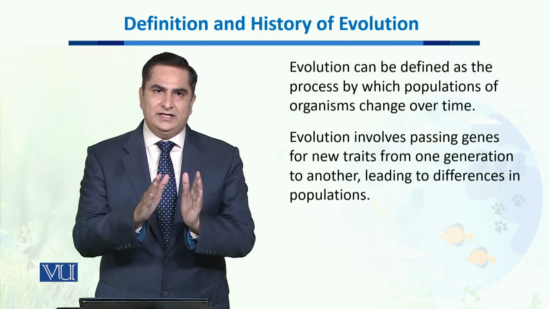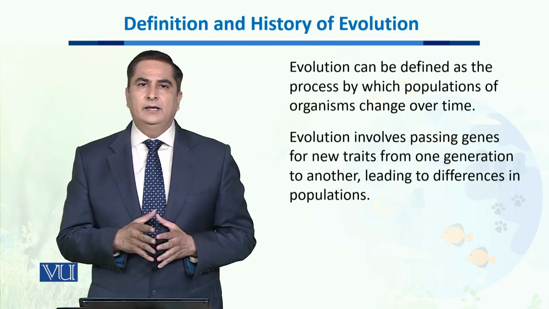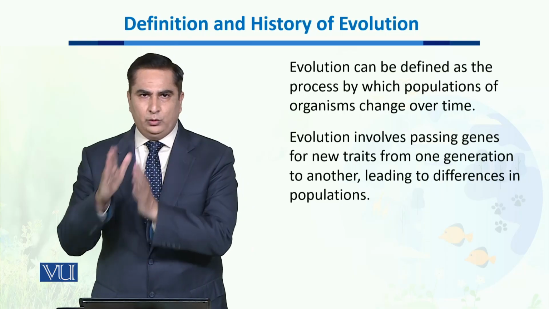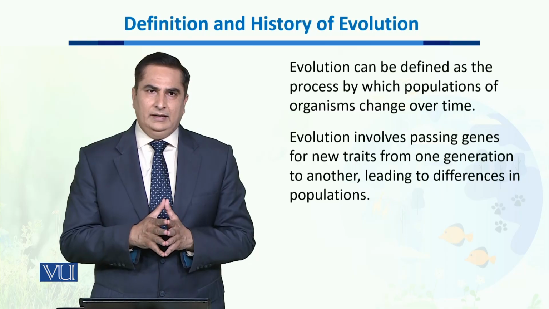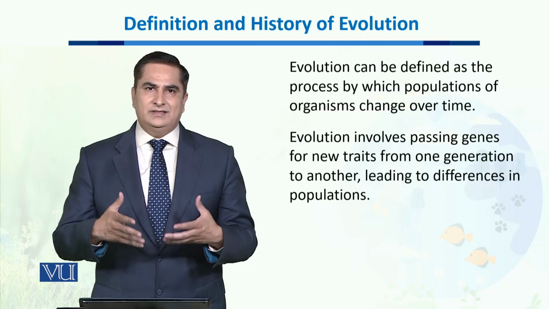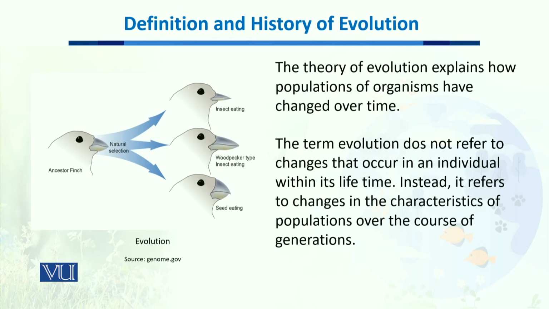By those changes, those organisms acquire certain characteristics which distinguish them from the parent population, which leads towards the evolution of new species. Now, when we talk about the theory of evolution, this explains how populations of organisms have changed over time.